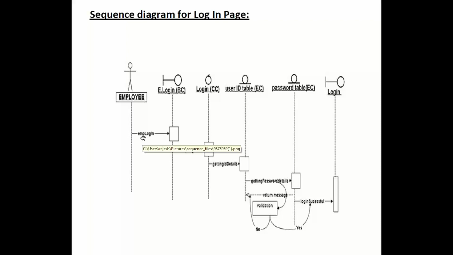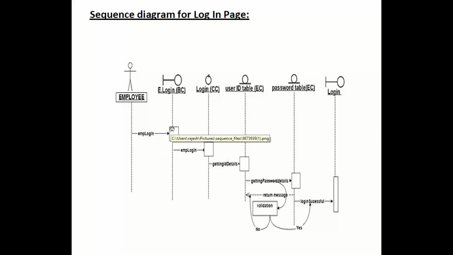The first letter of the first word will be in lower case, and the subsequent word will be in upper case without any space. Here you can see the first letter E is in lower case, and the subsequent word is login, in which the first letter L is in upper case without any space. This is camel casing, because the system takes it in this way. If you write in a general way, employee login, the system will still take it in this format.